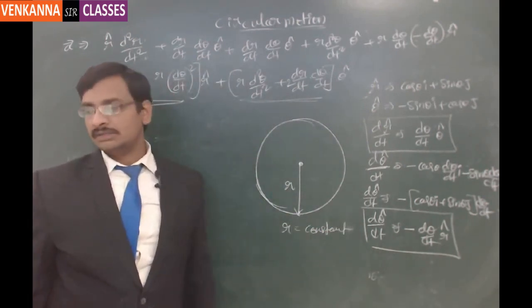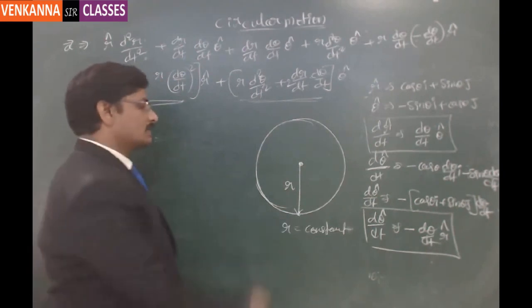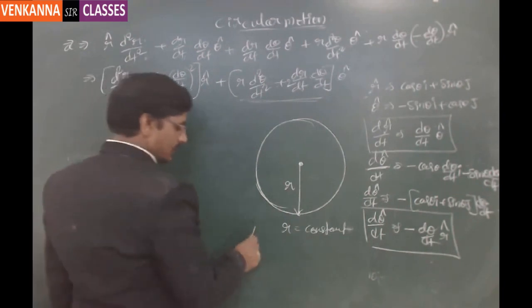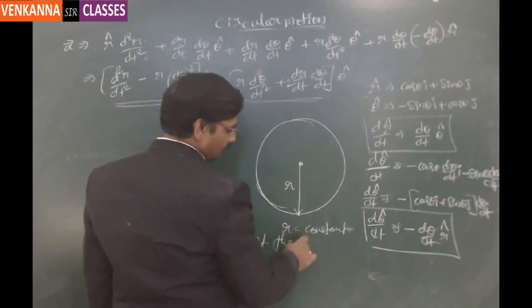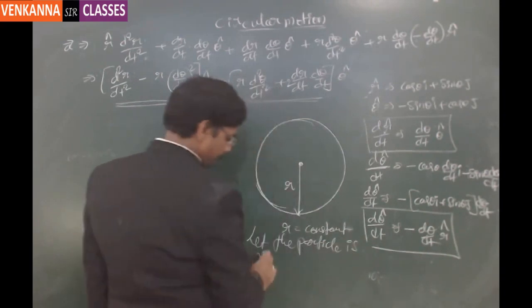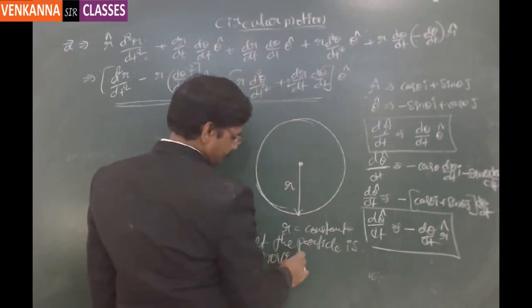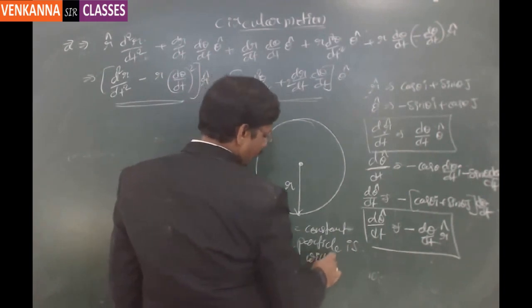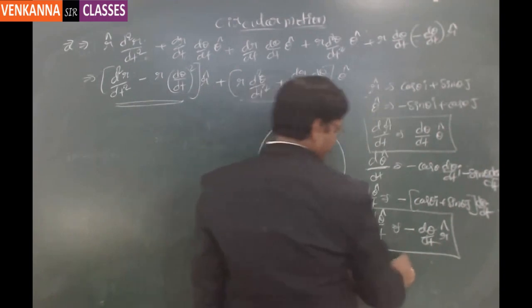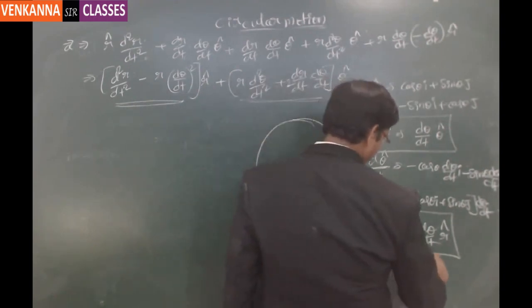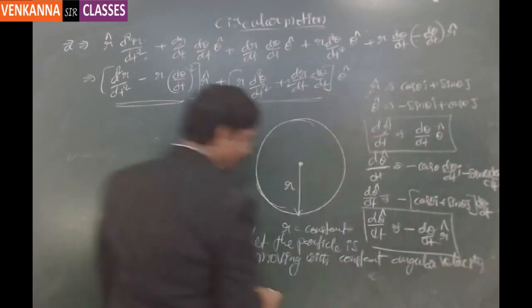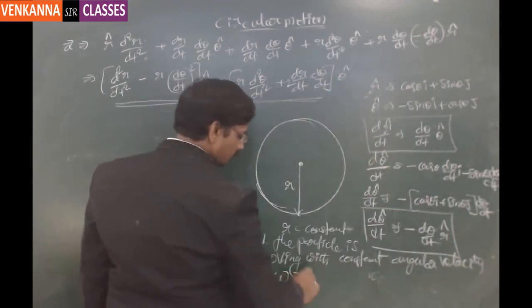Now let us take one more assumption. Let us say the particle is moving with a constant angular velocity. Then you can write omega equal to constant.